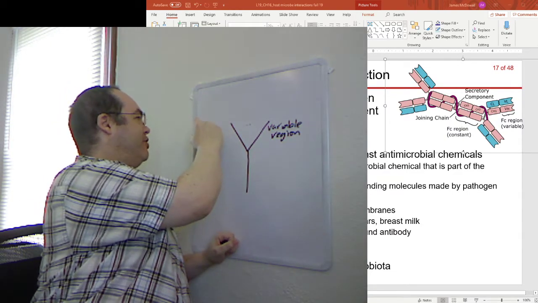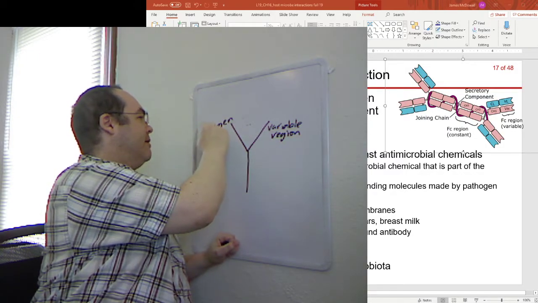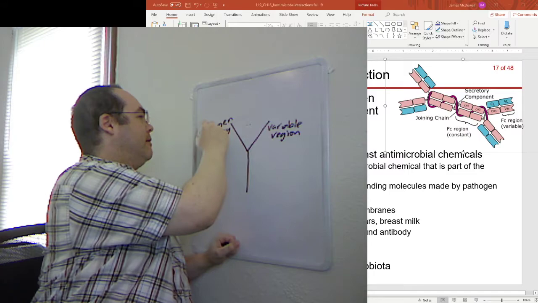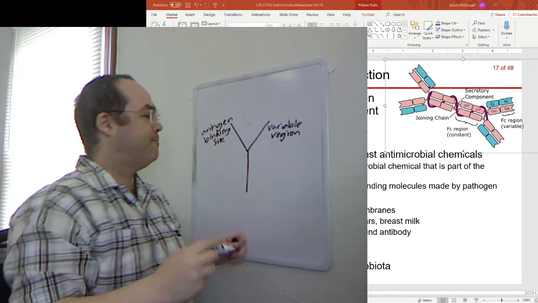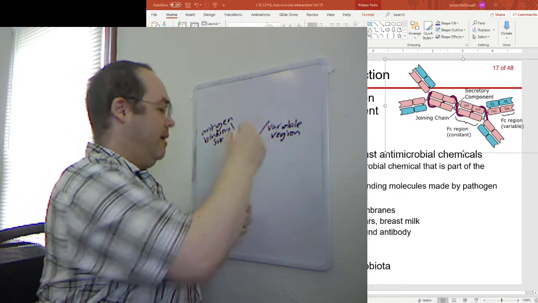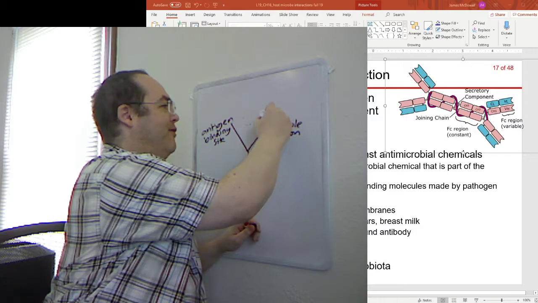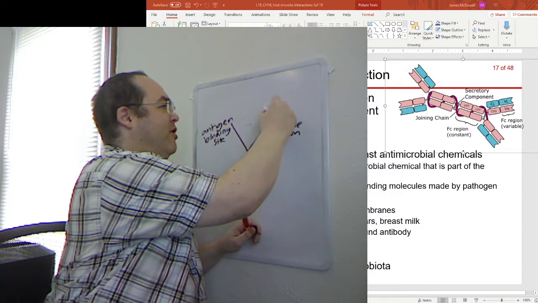So this is the antigen binding site. Our antigen binding site is looking for a particular shape of molecule.